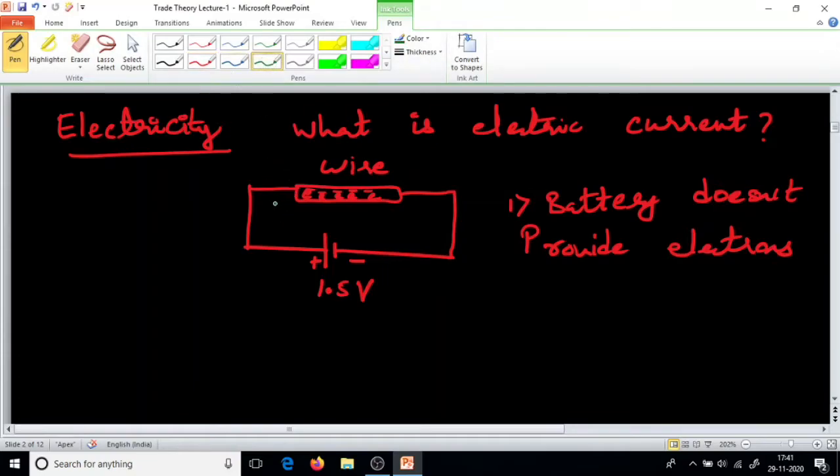So when you connect like this, what happens? The electrons will move from here to the battery, and through the battery mechanism, it goes here. Just to simplify things, we'll say battery mechanism.